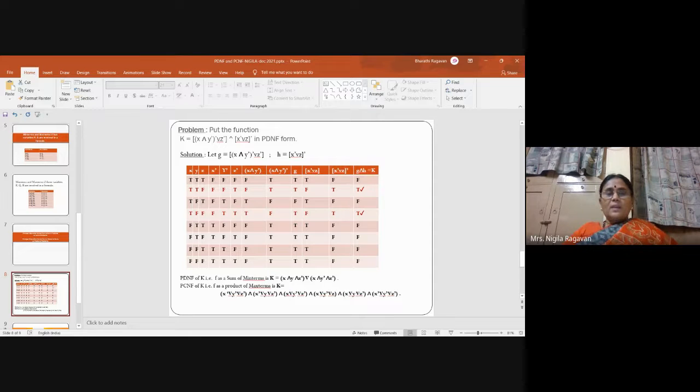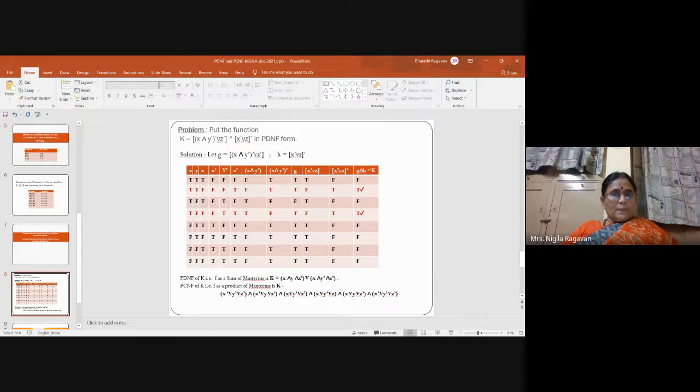Now here we are not going to take the truth values of X, Y, Z as such, we are going to negate them and consider. T, T, T goes as negated. After negating, we get F, F, F. So using F, F, F for the first row, what is the corresponding max term? X dash, cup, Y dash, cup, Z dash.